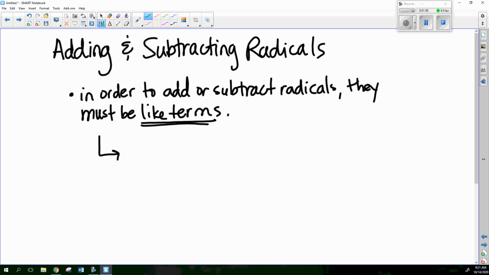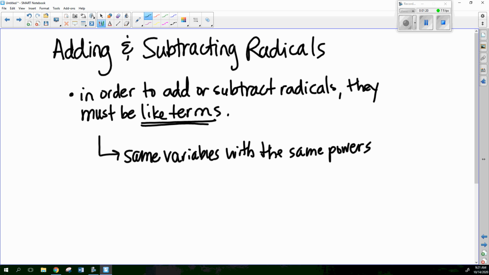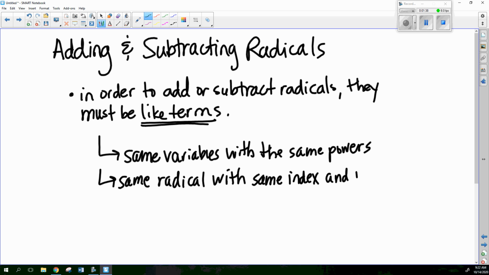Well, they have to have the same variables with the same powers. Okay? You have to have the same radical with the same index and radicand.